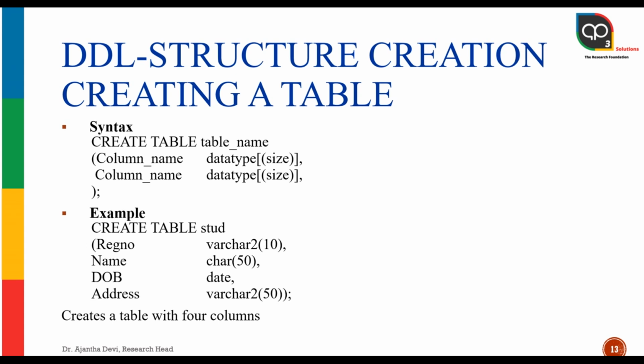Different SQL dialects like MySQL or Oracle or Postgres may vary slightly in syntax, especially regarding data types like varchar or varchar2 or char. And creating a table is like laying the foundation.